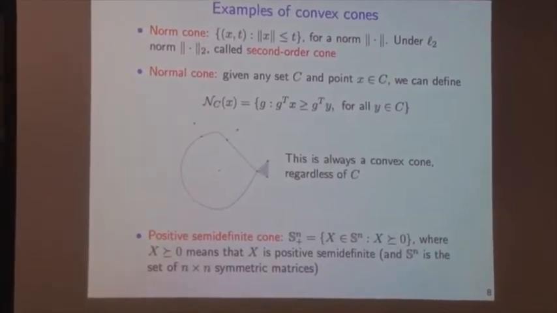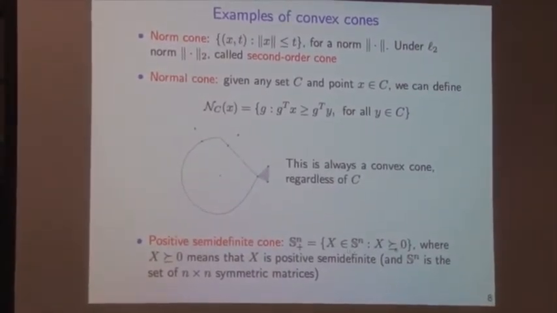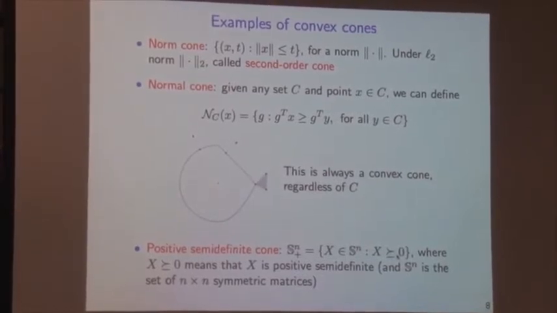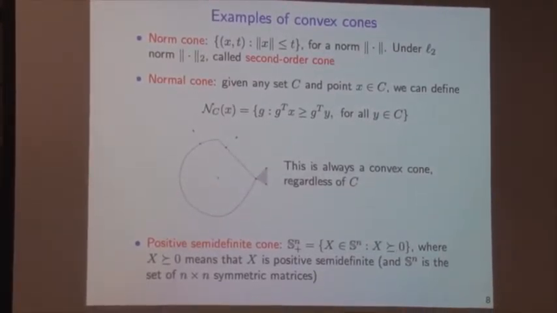I'm going to use this script S^n, analogous to the script R^n, to be the set of all n by n symmetric matrices. And the matrices within this set that are positive semi-definite, which I'm going to write as S^n_+, form a convex cone.